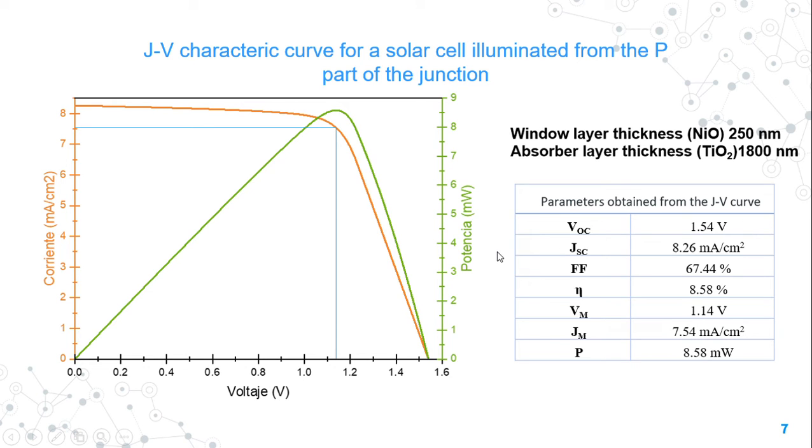We find here that the window layer thickness, which is now the nickel oxide, because this is the material from where the light will be introduced, is 250 nanometers, and the absorber layer thickness, which is now the titanium dioxide, is 1800 nanometers. So there is better performance for this kind of solar cell according to the simulation.